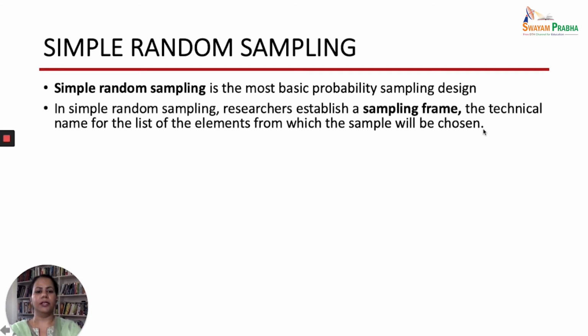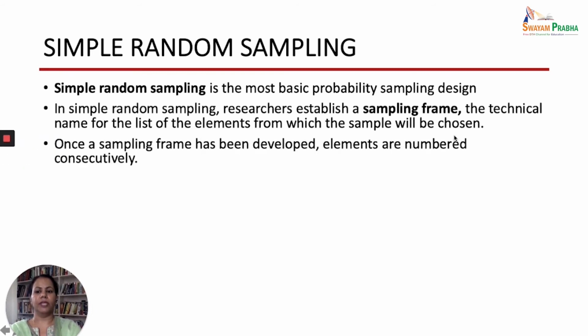The sampling frame is the technical name for the list of elements from which the sample will be chosen. Once a sampling frame has been developed, elements are numbered consecutively. So once your sampling frame is available, all the elements should be numbered consecutively.